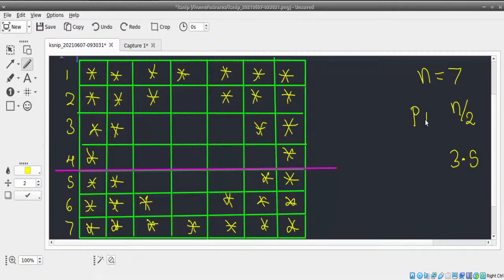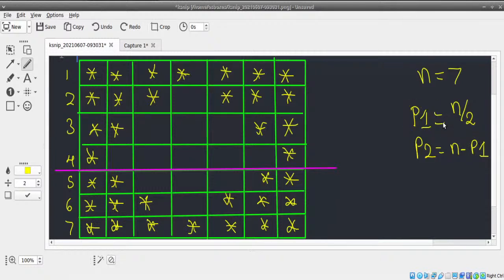If I store P1 as n by 2, assume this is an integer. N by 2 will be 3.5, but it will store only the integer part of it, 3. And the next pattern size, I can put as P2 equals n minus P1. That is whatever is left remaining. That's what we can do.